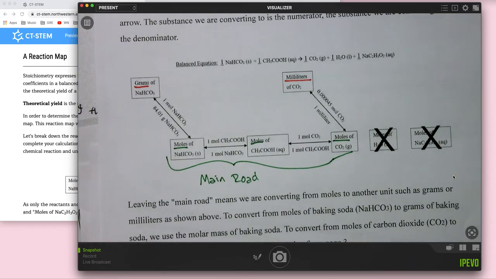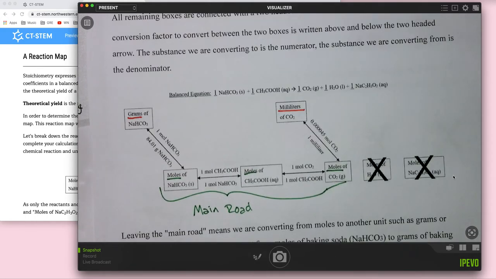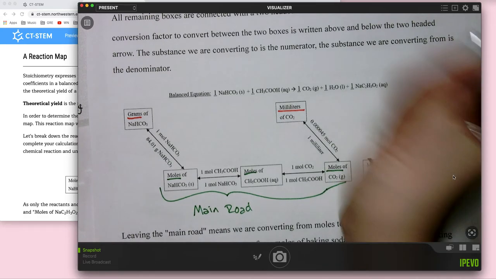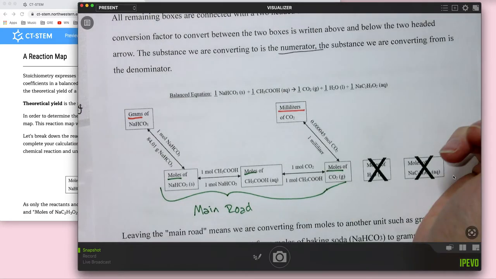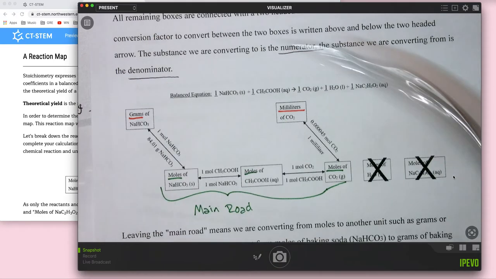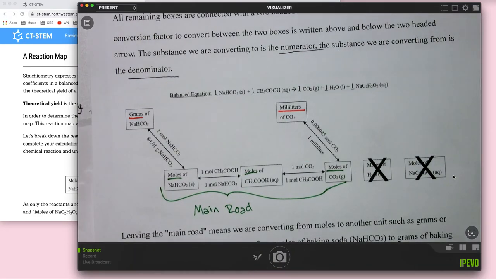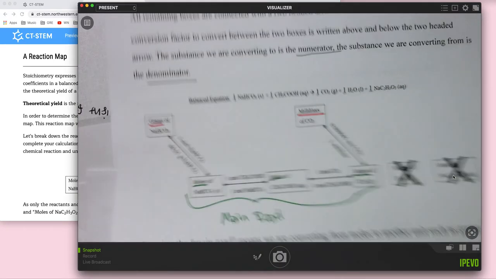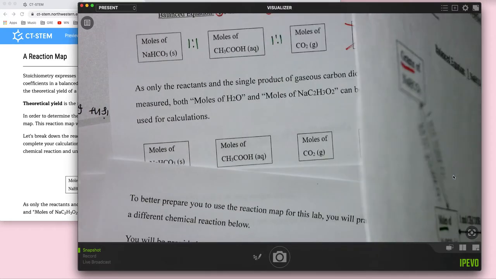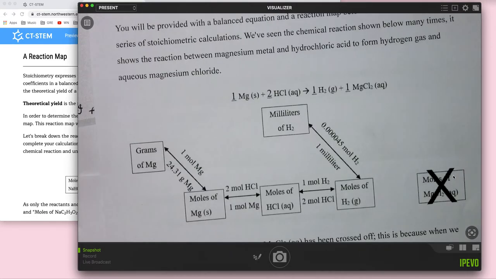The only rule with this is whatever unit is in the numerator goes in the denominator of the next fraction. Okay, all right, so let's go through some problems on this next page, page 5.